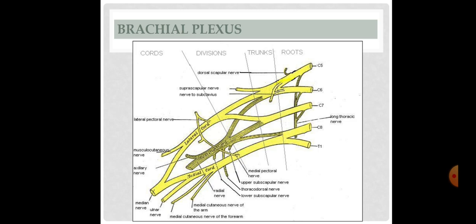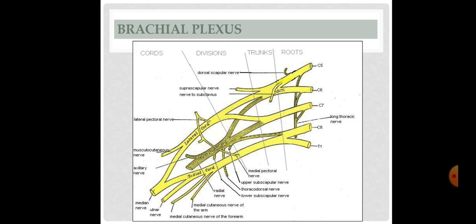Then all three posterior divisions unite to form the posterior cord. The anterior divisions of the upper and middle trunks unite to form the lateral cord, and lastly the remaining anterior division of the lower trunk alone forms the medial cord.